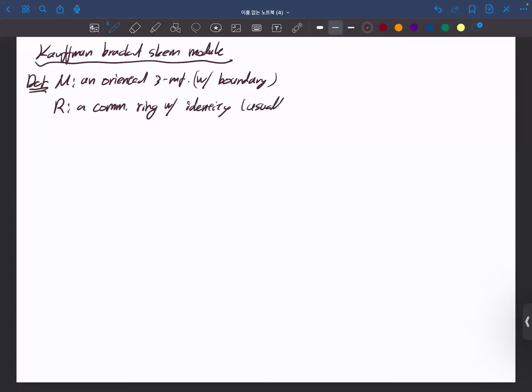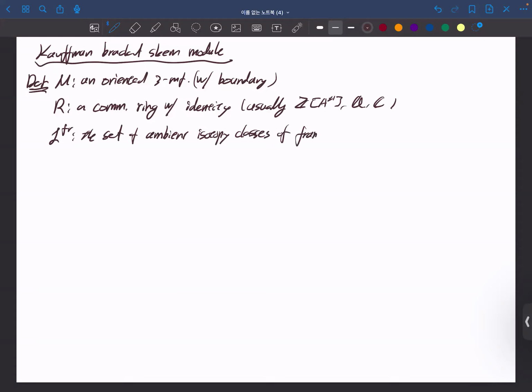Usually it is Z, Z[A^{±1}], Q, C. And let L_fr be the set of ambient isotopy classes of framed links in M.